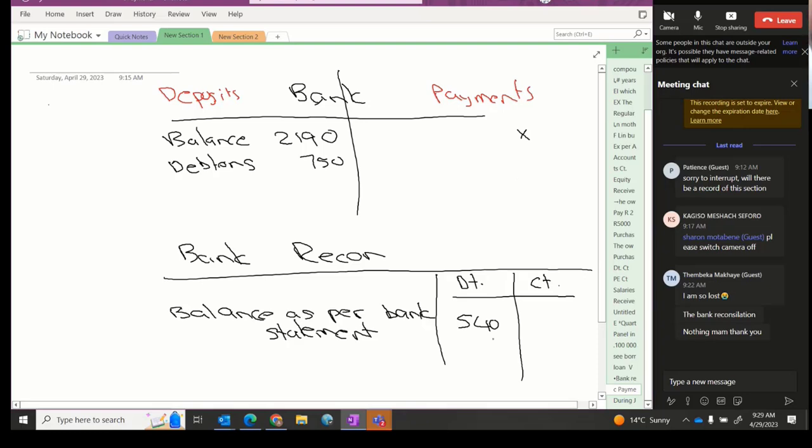So it will go to the debit side actually on the bank statement. But now it's already there on the bank statement, but you don't want it there because it's not you that made that payment. The bank made the mistake. So to take out this debit, you're going to put it on the credit side.